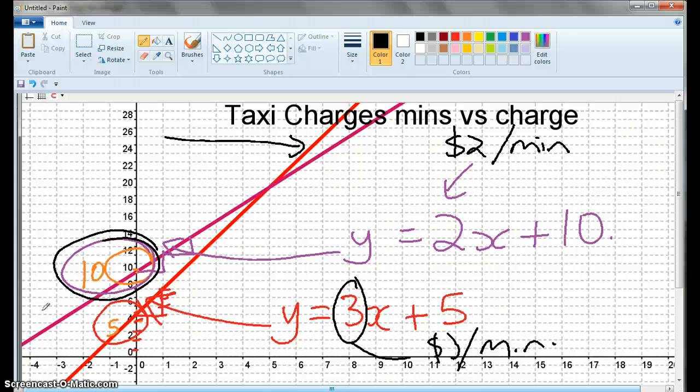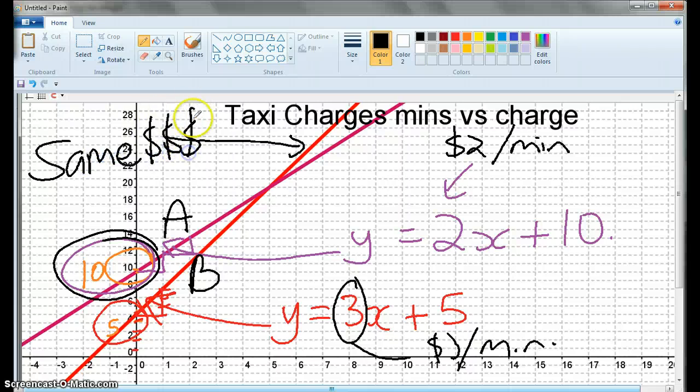At what point are the two taxi charging companies, let's call that company A and company B, at what point do they charge the same amount? What happens here?